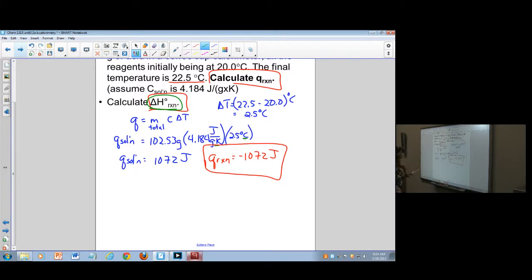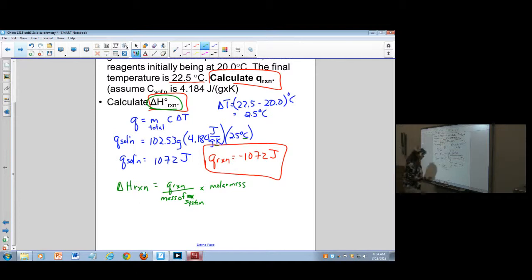In this case, to find delta H of reaction, I'm going to take the Q of the reaction divided by the mass of the system, times the molar mass. That's going to give me delta H.